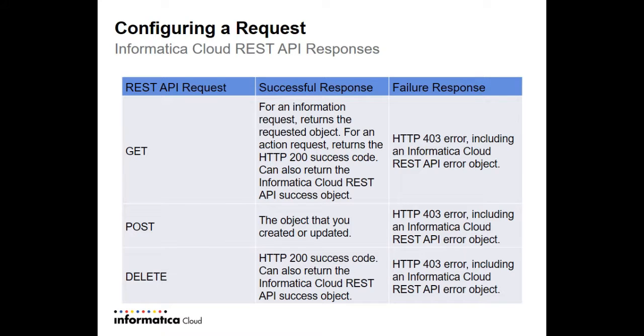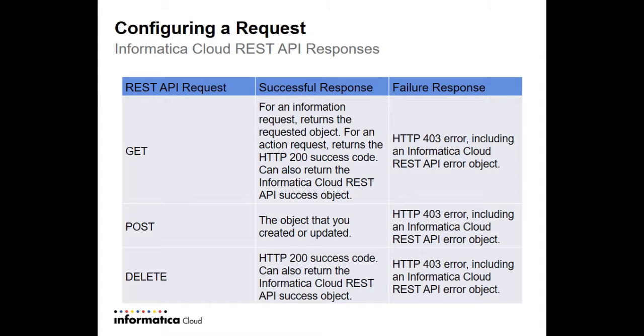For an action request, the Informatica Cloud REST API either returns the HTTP 200 success code or Informatica Cloud REST API success object. If the request fails, the response returned from the Informatica Cloud REST API contains the HTTP 403 error, including an Informatica Cloud REST API error object.